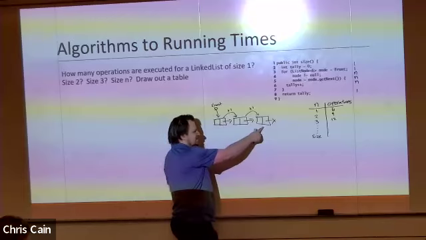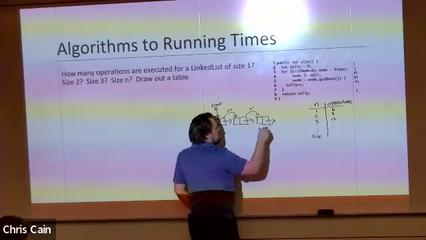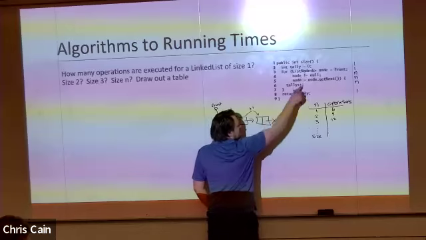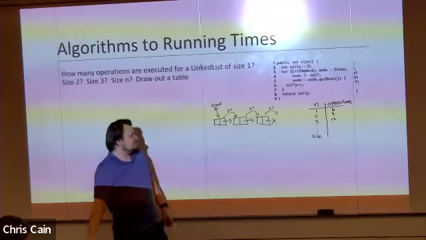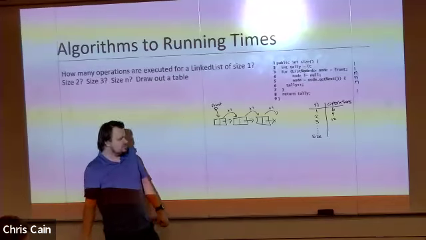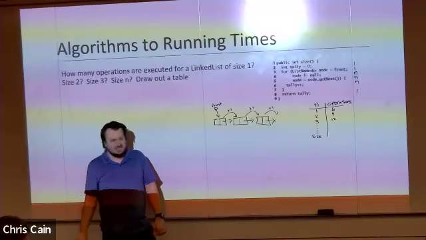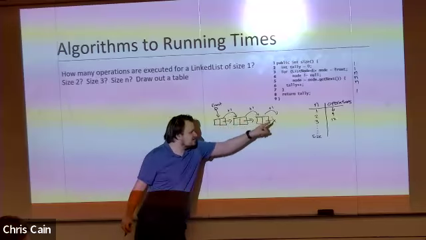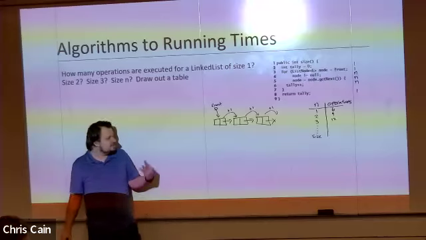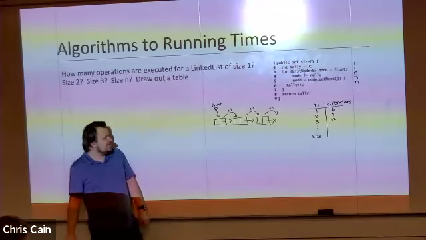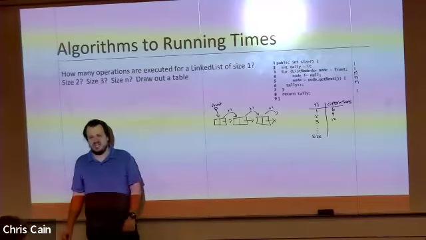It's not null, it's the tail. So we're going to bump up the tally, say node equals node dot get next in preparation for the next pass through, and now node is null, which is false, which means the loop is over. So for a list of size 3, we end up querying node equals node dot get next 3 times. We also end up querying is the node not null 3 times.